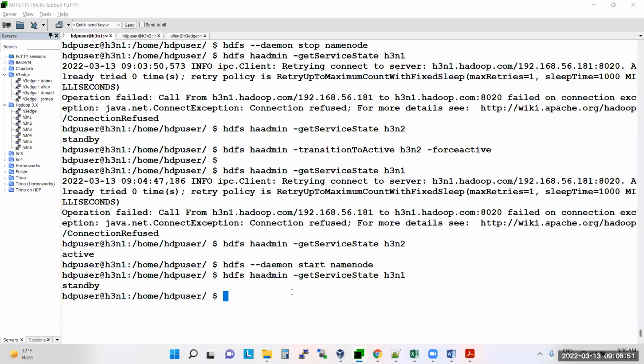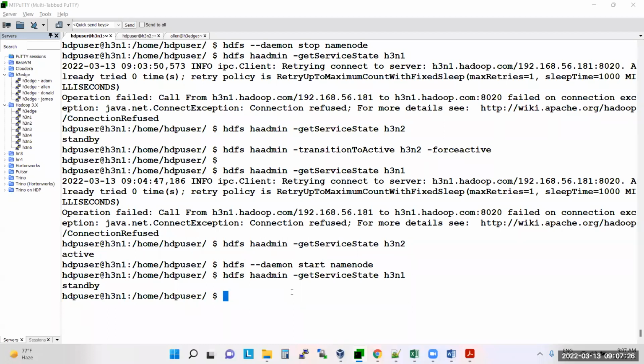Now in 1.x, we had an issue: if the edits or checkpoint is not happening, there is a chance of loss of data. Here we don't have that problem, because even if one set of edits is gone, I still have 2 more copies. If the active name node is down and you make the standby active, it immediately picks up the work.